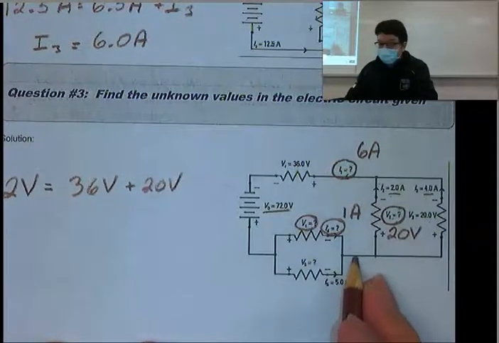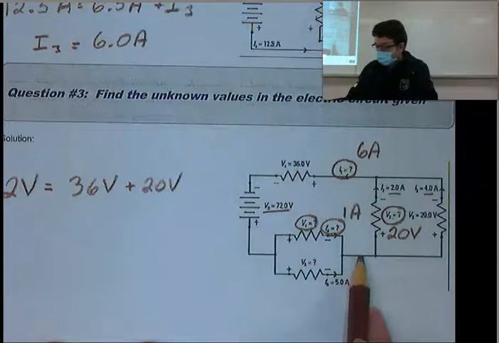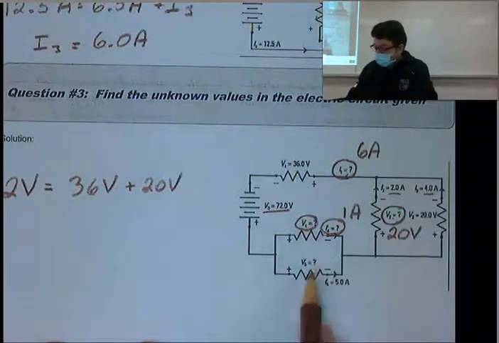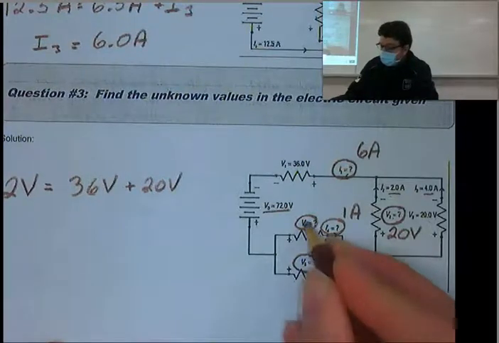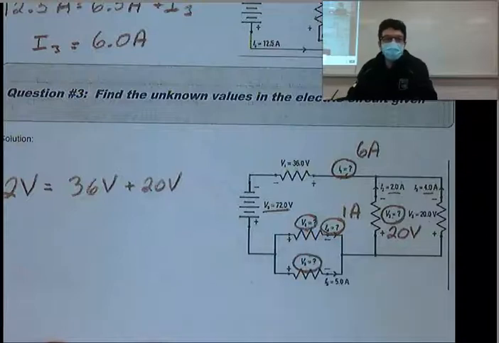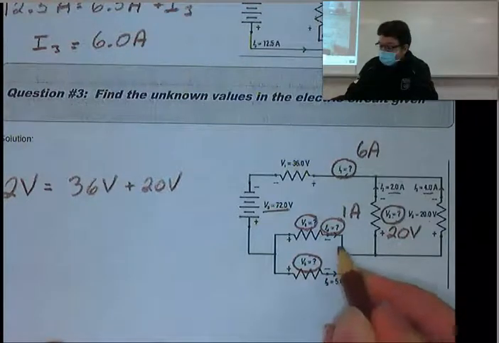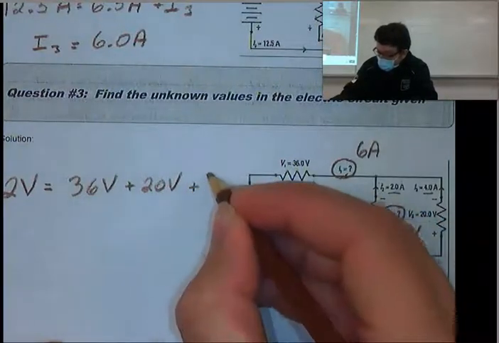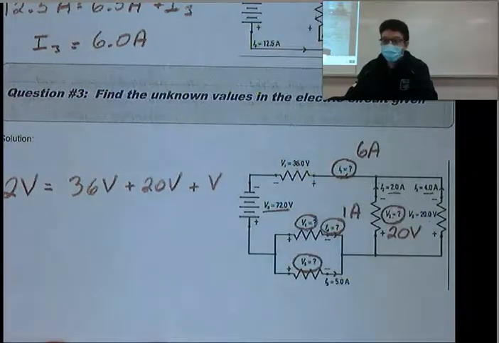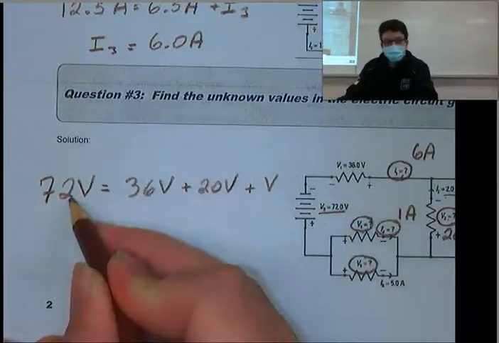Then, if we're just following one electron, which passes through our first resistor and then one of these two resistors, that electron now needs to pass through one of these two. But in this case, sorry, I missed this one, we don't know either of the voltage, but we do know because it's a parallel circuit, they must be the same. And as this is the last resistor our electron is going to go through, whatever this is, let's just call it V, whatever that V must be, all of these must add to 72.